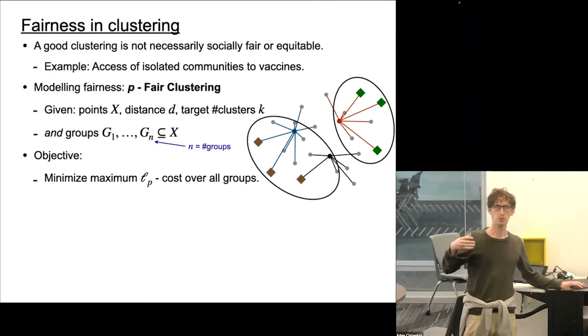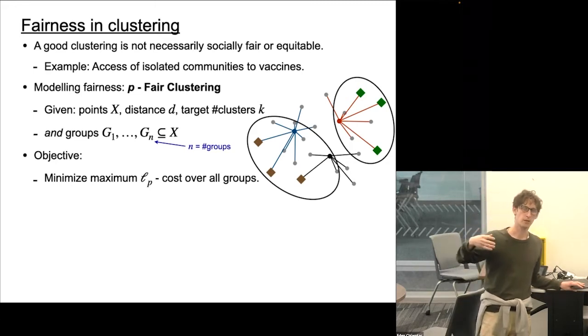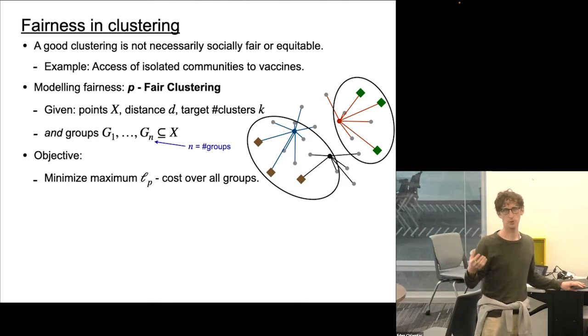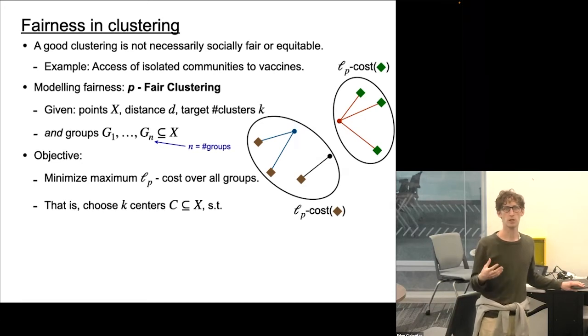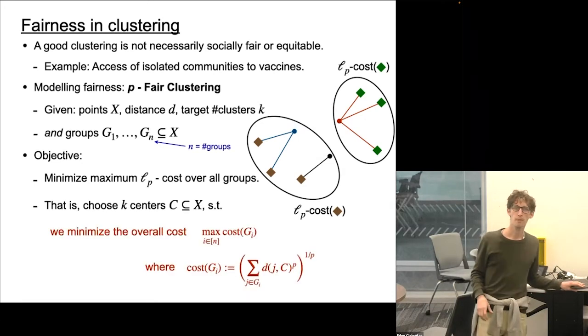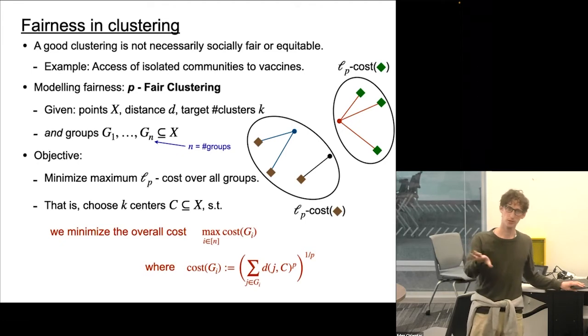For example, we look at the Lp norm of the cost vector for the green points and for the brown points, and then we just look at the worst one, so we take the maximum. Don't stare at this formula too long, but the cost of G_i is the group cost, and we want the maximum over all of these groups.